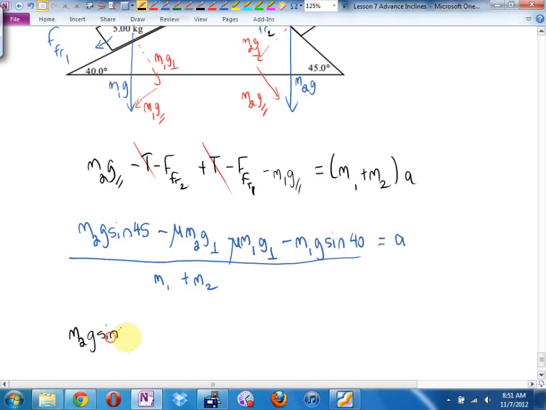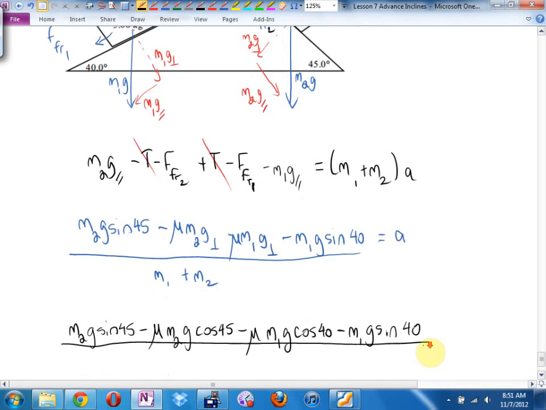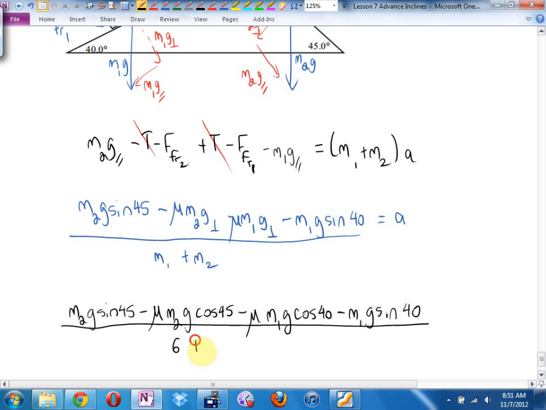M2G sine 45 minus mu M2G cos 45, because Cole has given us that convenient little memory trick, minus mu M1G, it's perpendicular, it's cos, but not 45, it's 40, minus M1G sine 40, all divided by 6 plus 5.